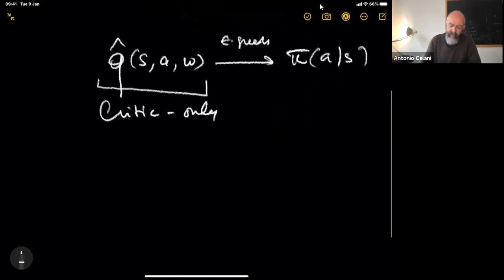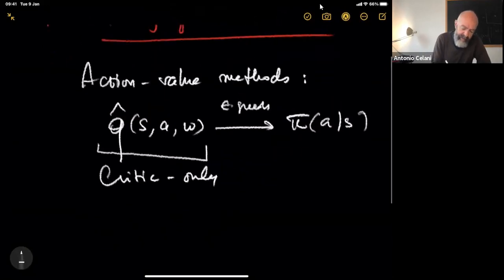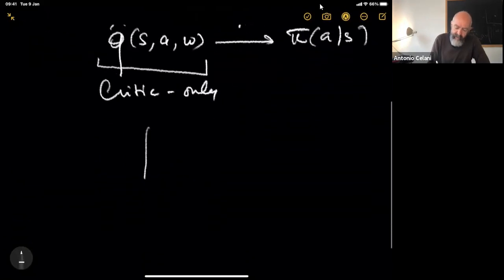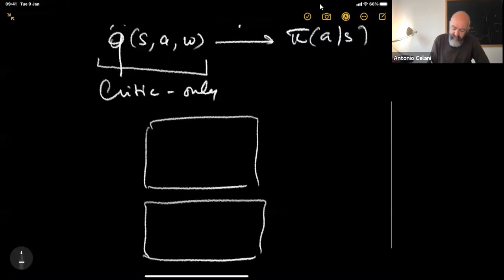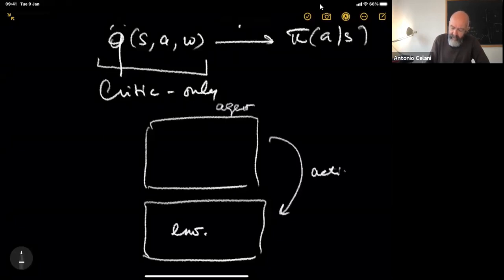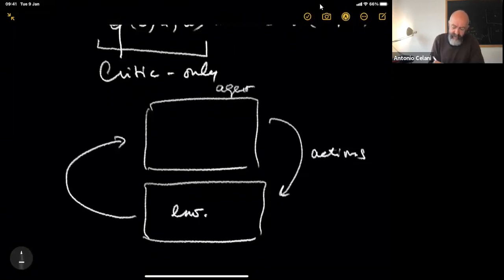If we have to diagrammatically explain what this does, you remember the usual environment agent interface. This is the environment and this is the agent. There are actions, and then the agent receives information in the form of percepts, which include rewards. So what does the agent do?